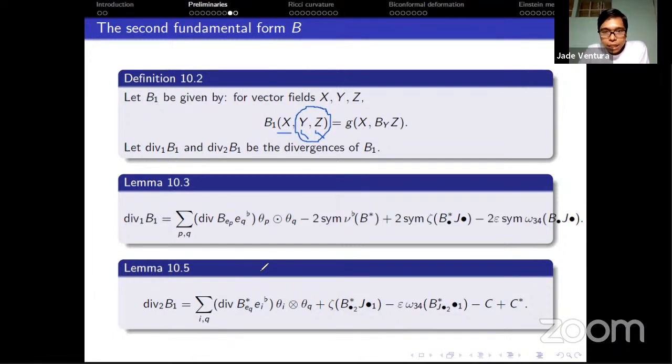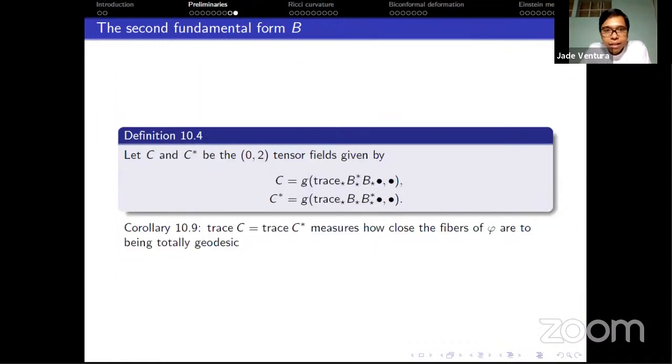So the important takeaway here is that there are these new quantities, C and C star. This is the first time that we have encountered them. So what are C and C star? So they are simply defined as follows.